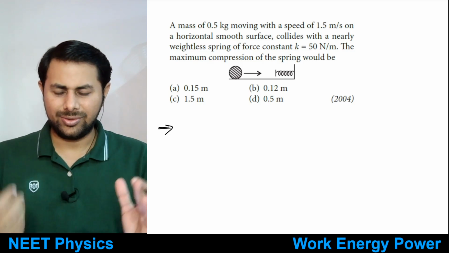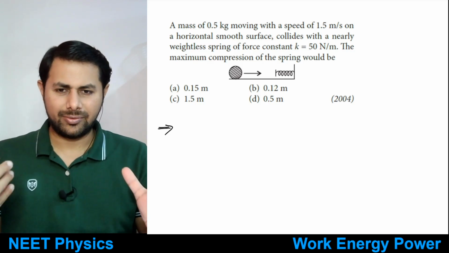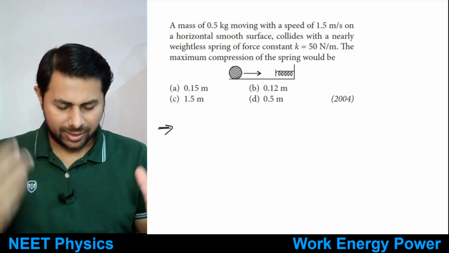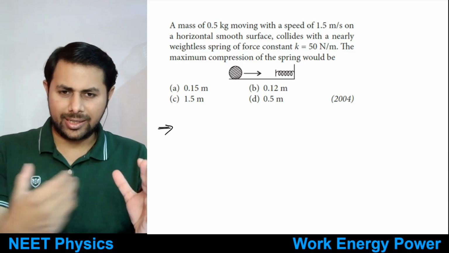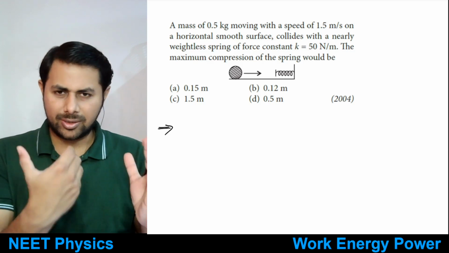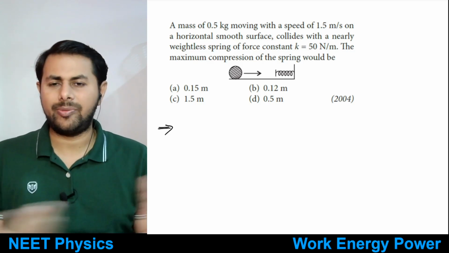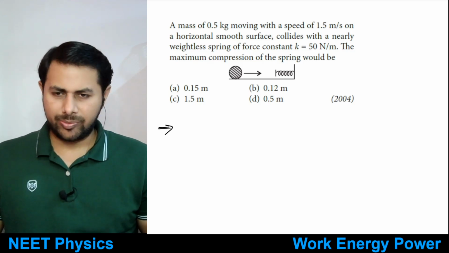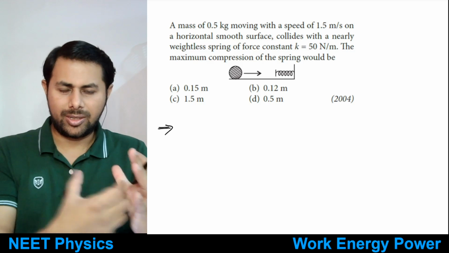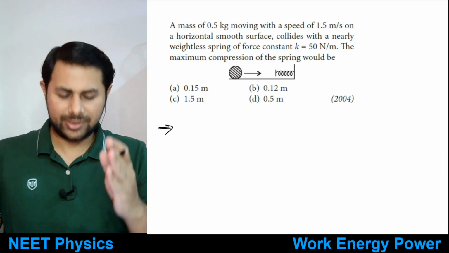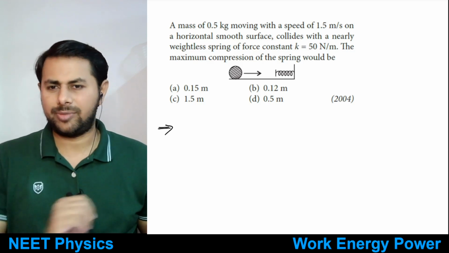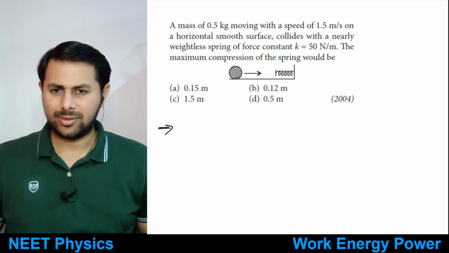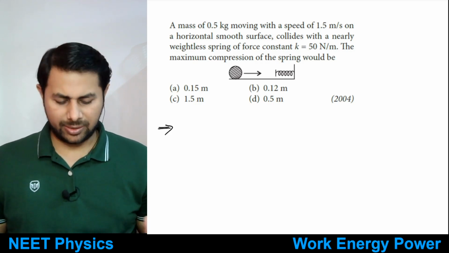So ultimately, when its energy becomes 0, the compression in the spring would be maximum. Compression in the spring would be maximum when energy of this ball becomes 0. So its total energy gets converted to energy of the spring. Is this thing clear, everyone?